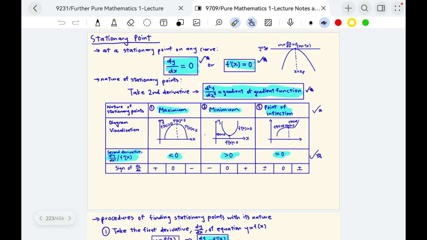And what about the stationary point? If you see a stationary point, you have to consider dy/dx equal to 0. This is the fact.